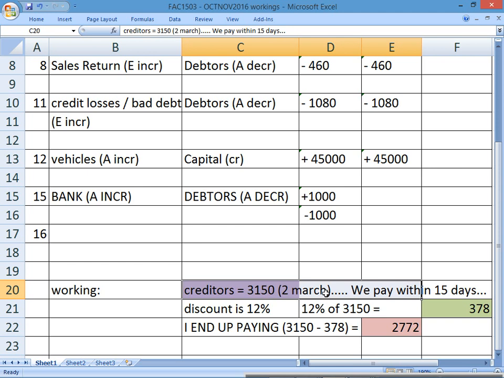It decreases 100%. So if I'm paying a creditor, it's going to decrease. Where do liabilities decrease? On the debit side. There's the answer. So that's what I put there. Creditors, bracket, liability decrease.